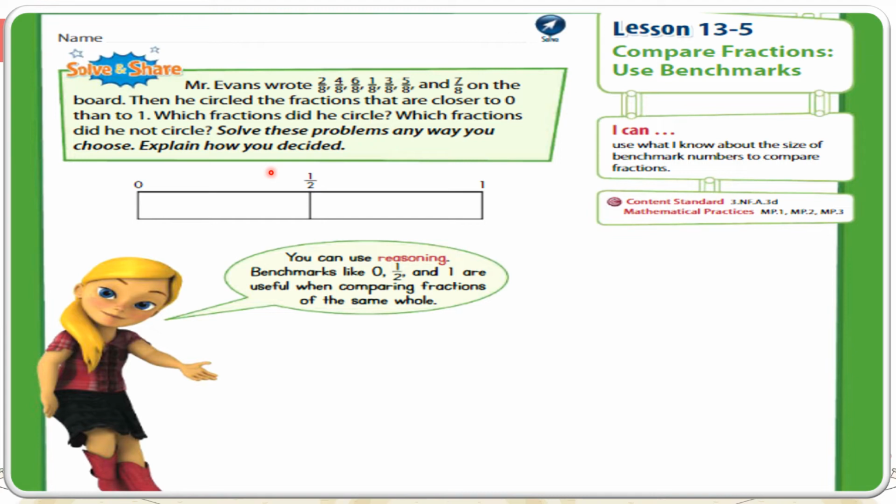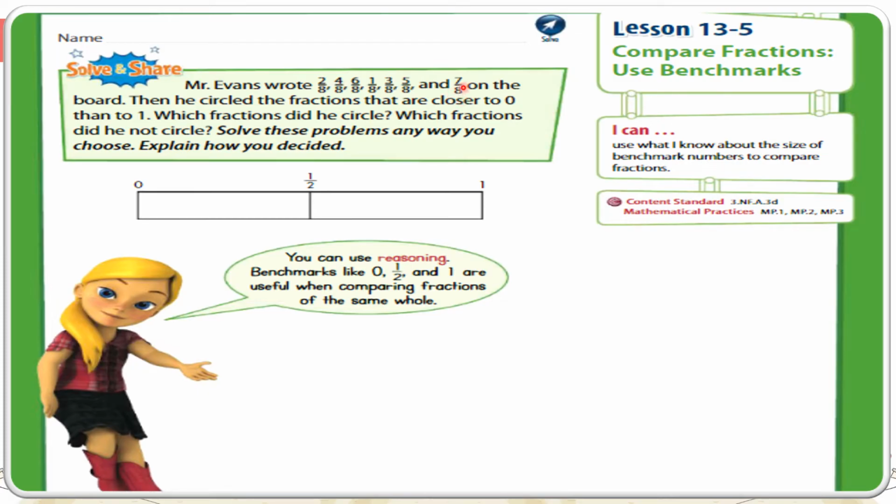Okay, so if we look at the fractions given in the question, we can clearly see that the numerator starts from 1 and is increasing part by part. 1, then we have 2, then 3, 4, 5, 6, and 7, and the denominator is 8.